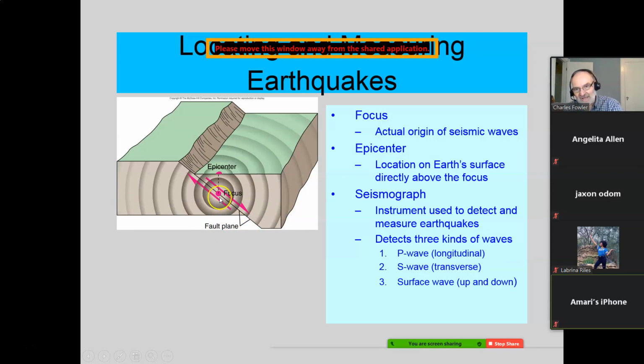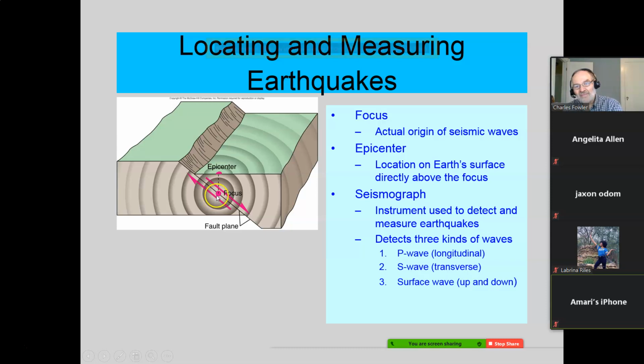Those seismic waves go in all directions. There's P waves and there's S waves. Primary waves and secondary waves. Pressure waves and shear waves, however you want to call them. Longitudinal waves and transverse waves, however you want to call them.